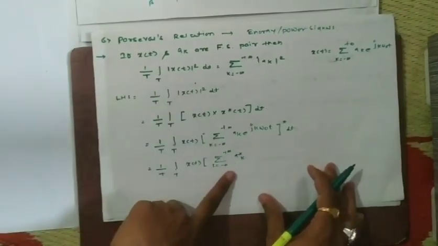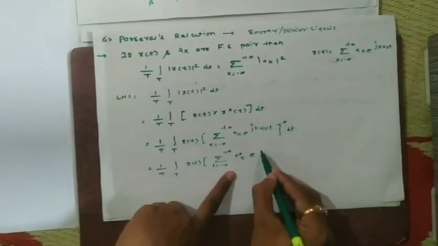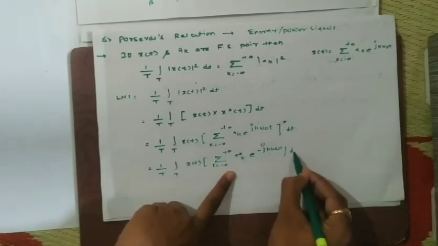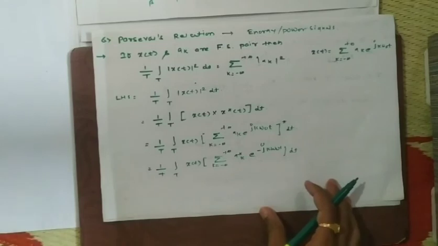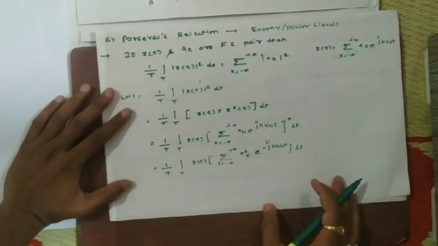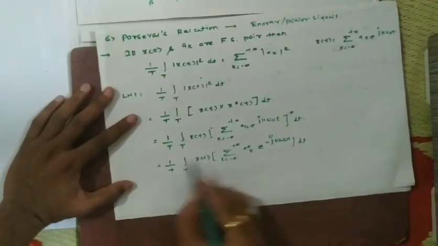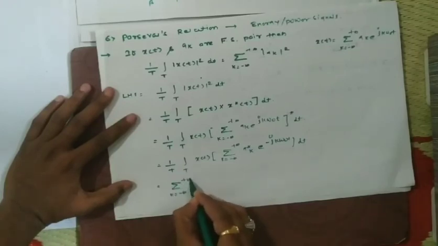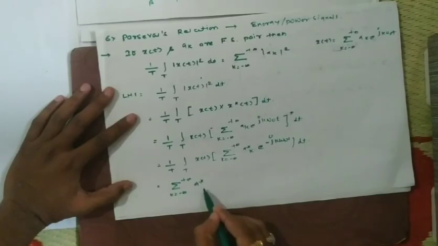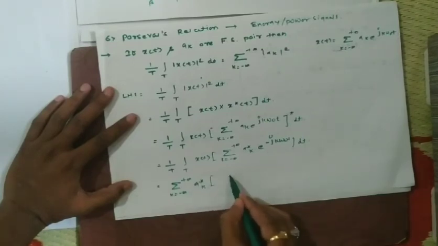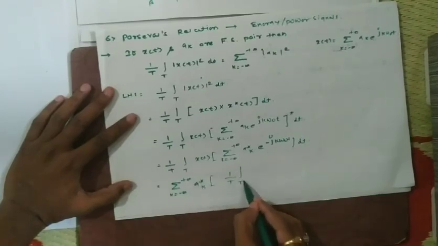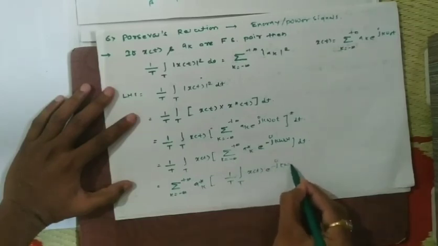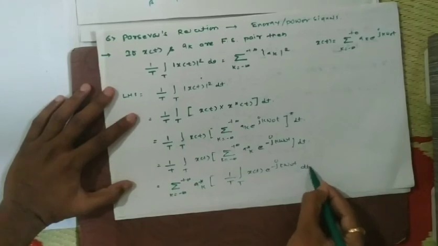Now if I apply this complex sign to the exponential term, plus j becomes minus j, into dt. Once that is done, the next step is to adjust the given terms. I am taking the summation outside, summation of this complex term a complex of k. Now the remaining terms, 1 by T integral of x of t and this exponential term as it is.